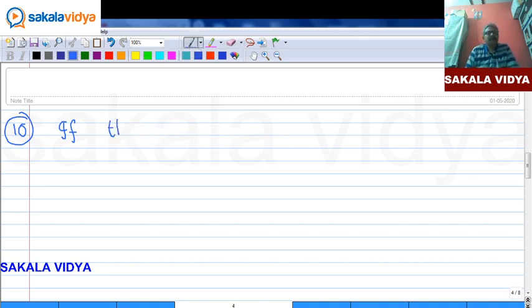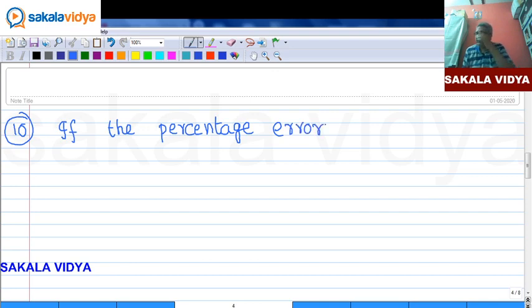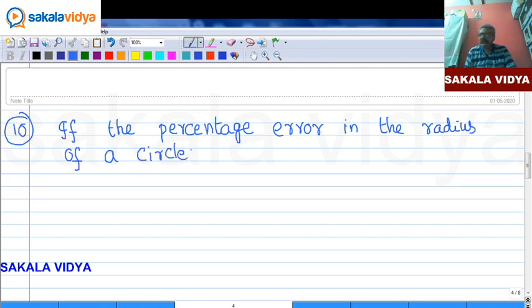If the percentage error in the radius of a circle is 3.